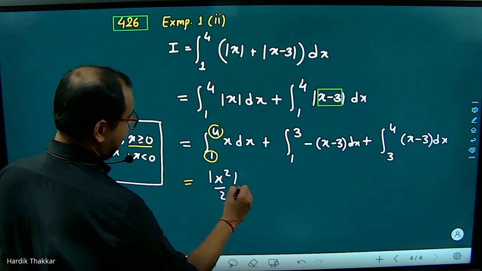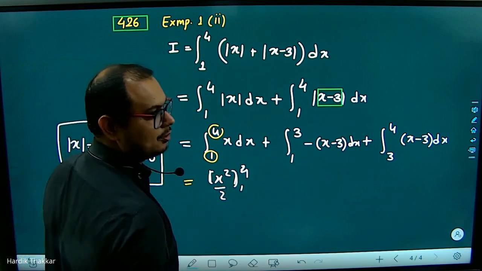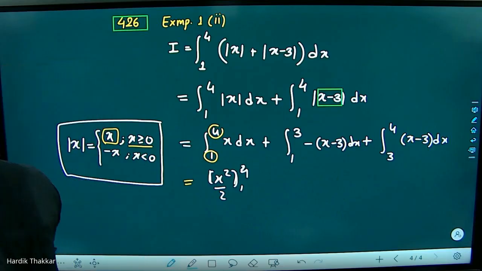Now we will apply the lower and upper limit 1 to 4, and similarly so on for the rest of the parts. For example number 2, yes, in that we also have to do the same thing. Example number 3 is also similar to that.